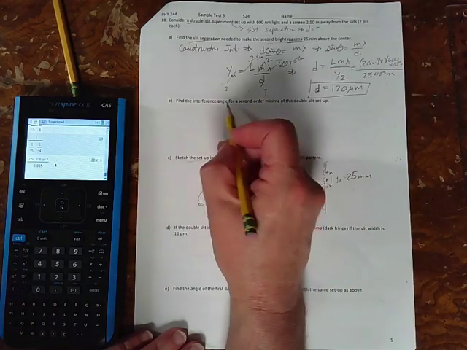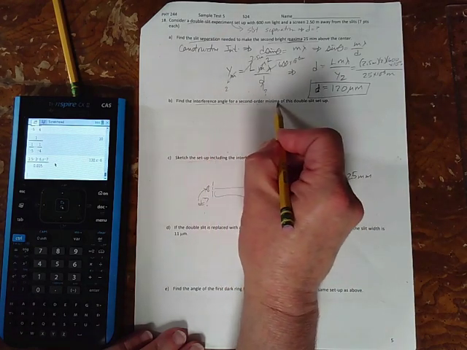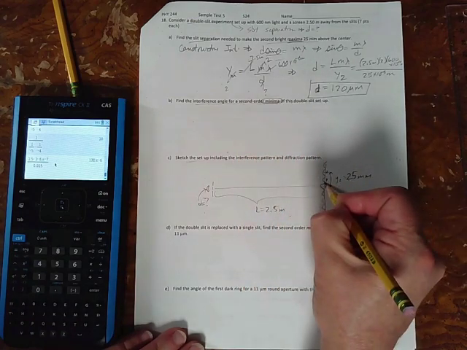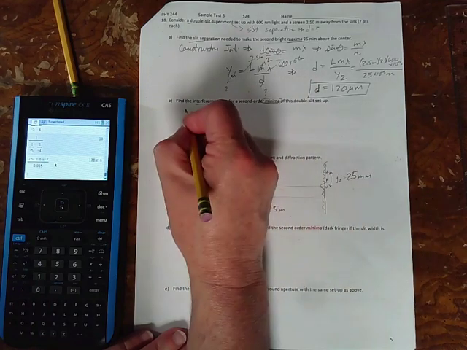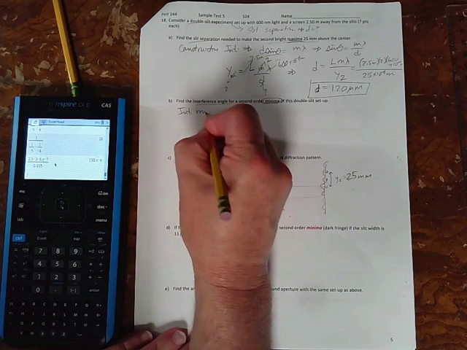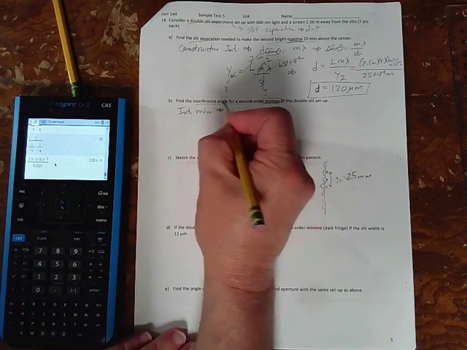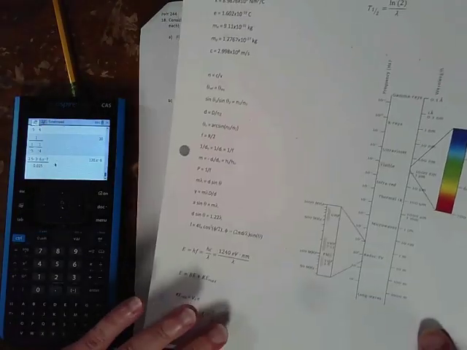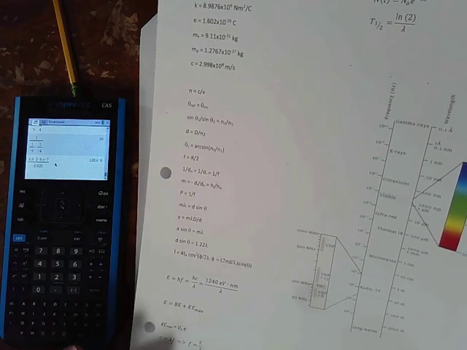Okay, find the interference angle for the second order minima of this doublet. So now we've got second order minima. So this is for the minima for interference. We have the plus a half equation here. Do we have it on here? Maybe we don't have it on here.